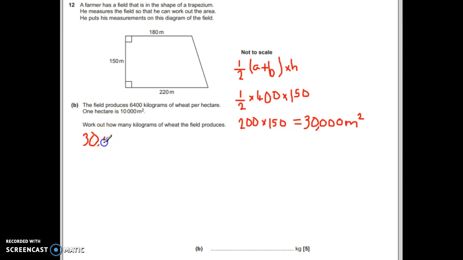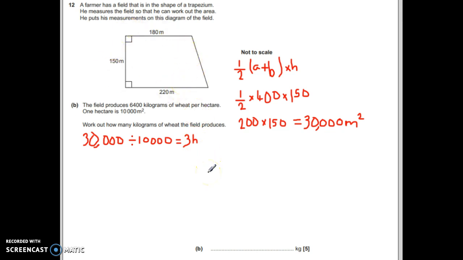Be careful to make sure you've got enough zeros. 30,000 divided by 10,000 gives us 3 hectares. I'm not going to write the whole word out, I'm just going to put 3H. So 3 hectares. That is the size of the field.